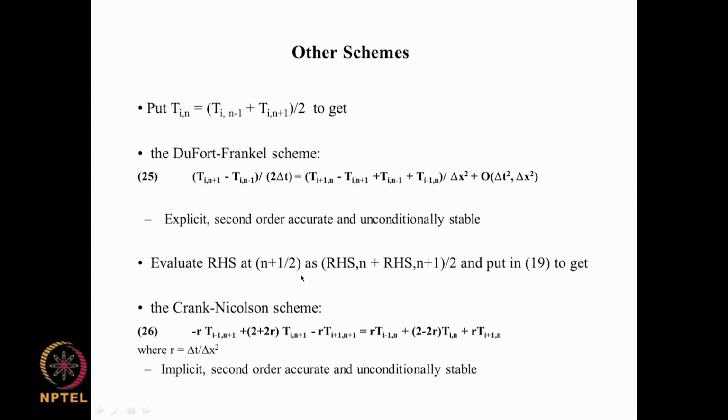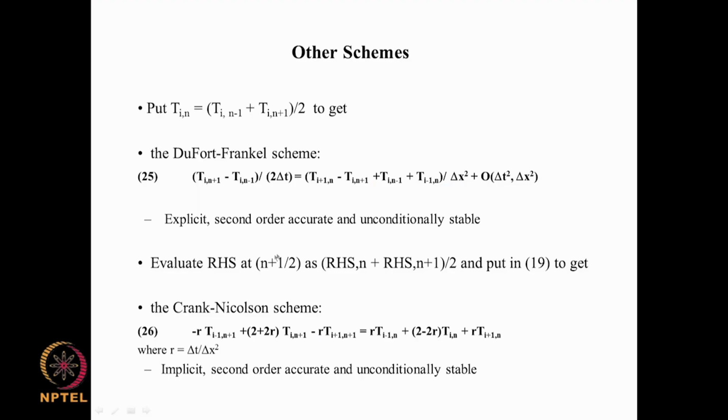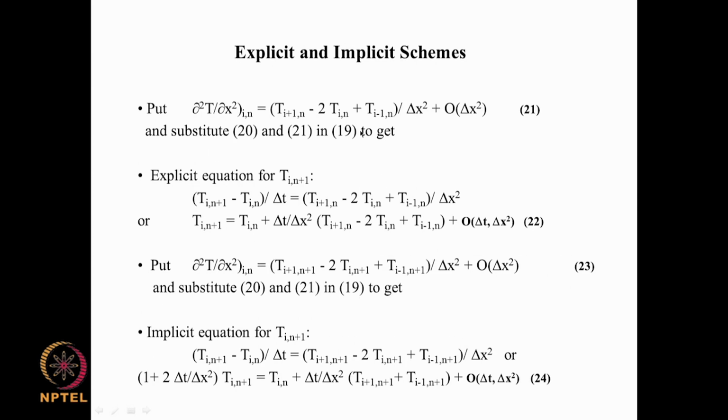So, it is all a question of, we are saying that you have a space derivative, and do we evaluate based on the previous time step or the future time step, or we evaluate based on some intermediate time step value. So, this is an intermediate time step value. So, we can say that the RHS is given as RHS at n plus RHS at n plus 1 divided by 2. Okay. This plus this divided by 2.